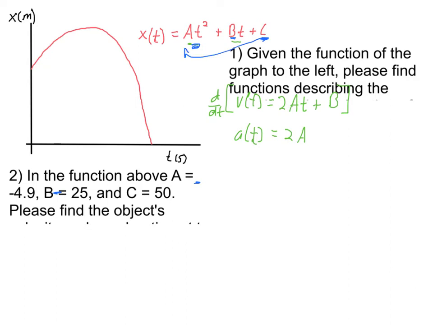Now I'm asked to find the object's velocity and acceleration at t equals 4.5 seconds. So let's come over here to my velocity equation. v of t equals 2 times negative 4.9 times my t of 4.5 plus b, and our b is 25.